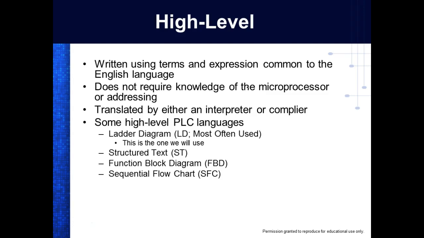People that came up through computers and dealt with flow charts, I don't know if y'all remember flow charts, that's what sequential flowchart programming is. It's very similar to that. So you just draw flowchart symbols, and then your translator will translate it over to machine code. This is the one we're going to learn. And why? Probably over 90% of the programs written for computers use structured text.